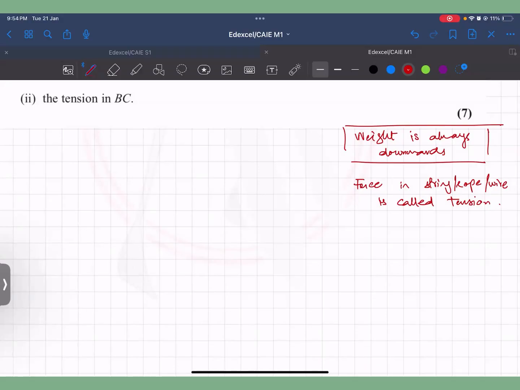Let's suppose this is a rope, and it is hung from a ceiling. And there is a mass attached over here of, let's suppose, 5 Newton.